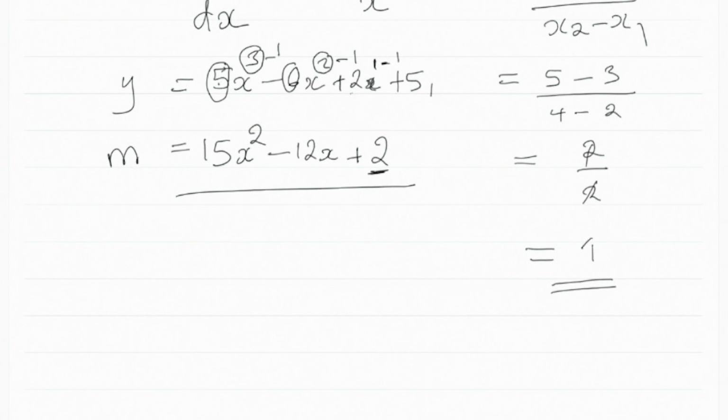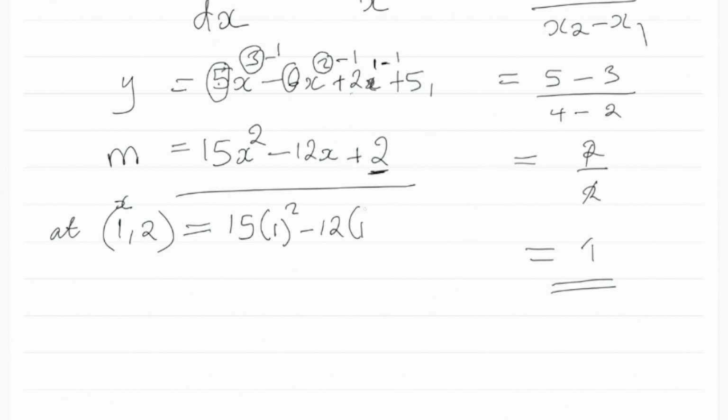Now, we want to find this gradient at the point 1, 2. So at 1, 2, we are going to replace the value of x in the given gradient for the whole cubic function. Right. So what are we going to have? We are going to say 5, 15. Then where there is x, we replace 1 squared minus 12, then 1, then plus 2.